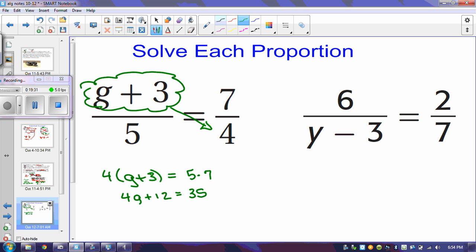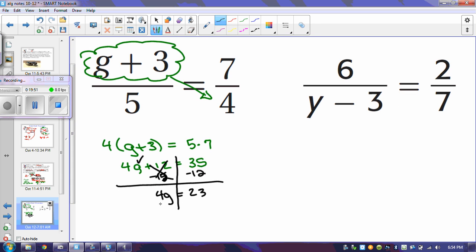Now again, I'm solving this equation, so I want to identify where are my variables, only on the left. Where are my constants? They should only be on the right. So I'm going to subtract 12 from each side to get rid of the 12 that are here. So now I get that 4g equals 23. And if I divide now by 4, I can find that g must equal 5.75, or 5 3/4.